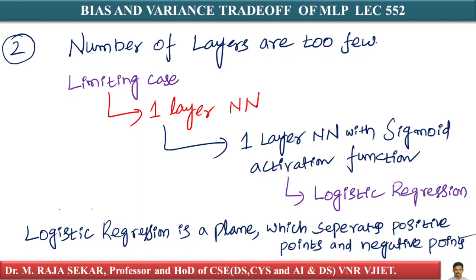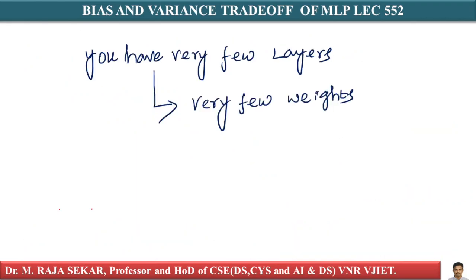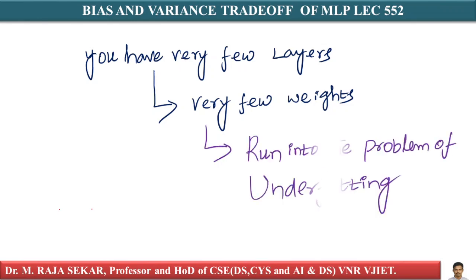So if you have very few layers, you have very few weights. Few layers means few weights, which means you run into a high chance of underfitting, isn't it? And what is underfitting?